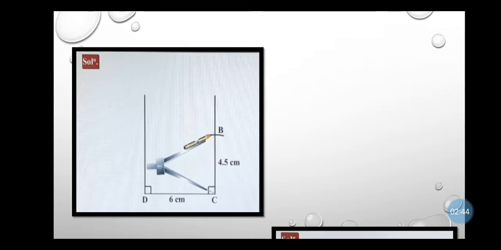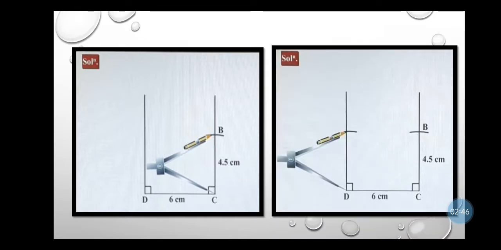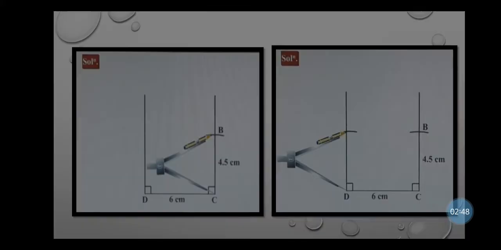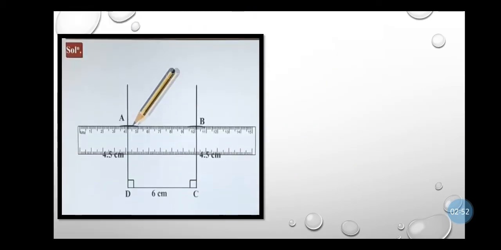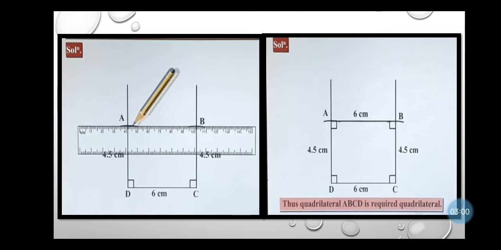Same measure you will be placing on point D and cut an arc, and again you will write 4.5 cm. You will join the points A and B. Segment AB will be formed. Thus, quadrilateral ABCD is the required quadrilateral.